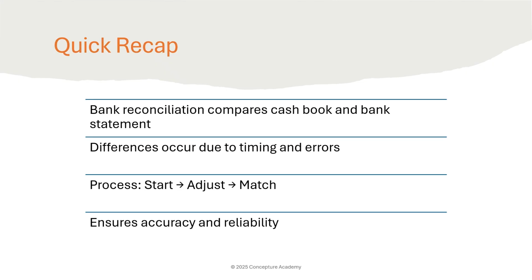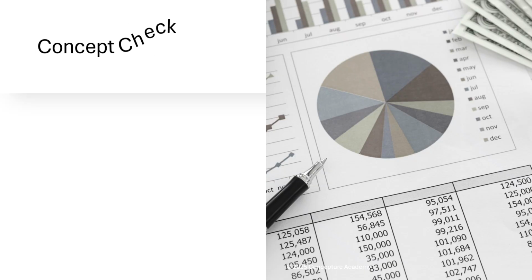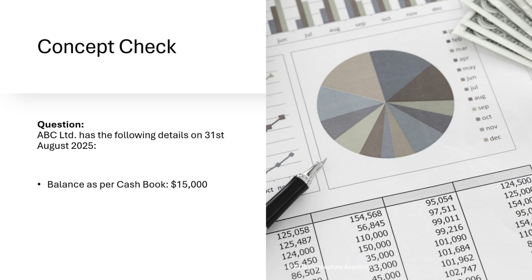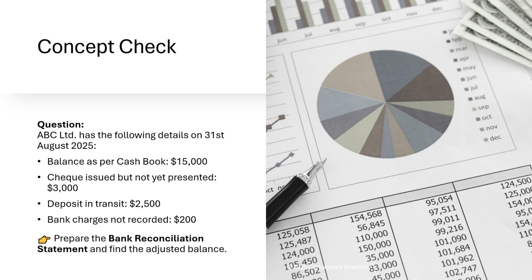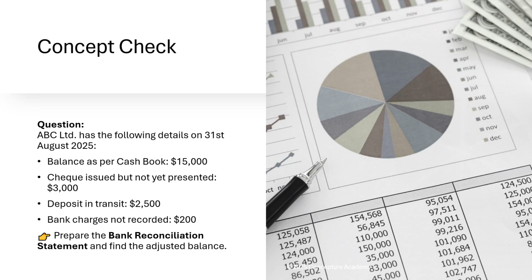Bank reconciliation compares the company's cash book with the bank statement, and the differences arise due to timing gaps and errors. By adjusting these balances, we make sure that our records are accurate and reliable. Now I would like you to go for the concept check as well, because it will help you understand and recall the concepts you have just learned.